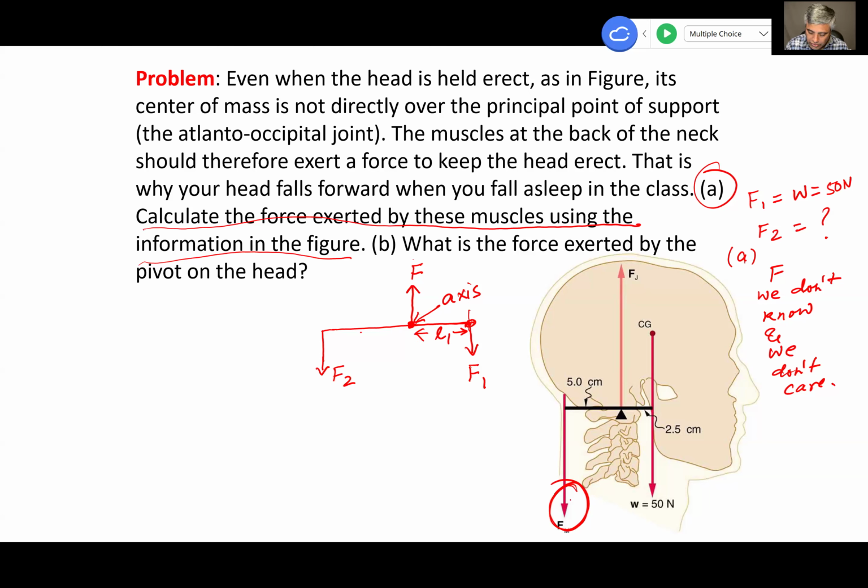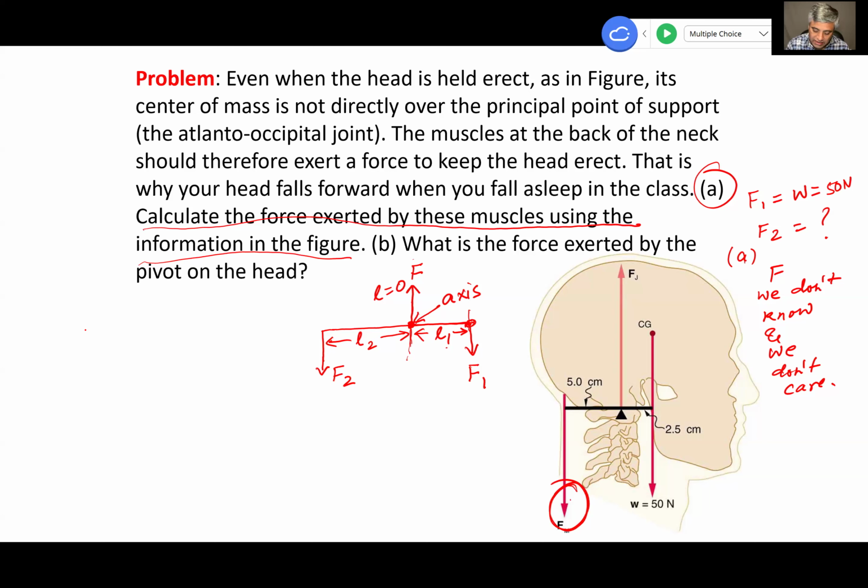And for force 2, I'm writing L2. I was choosing these F1 and F2 so that I could use L1 and L2. You know, they rhyme. So F over here, we don't want, we don't care. So don't know, don't care. So that's why, see, the lever arm L for F is zero, because this line of action of force is passing through that point. Okay.